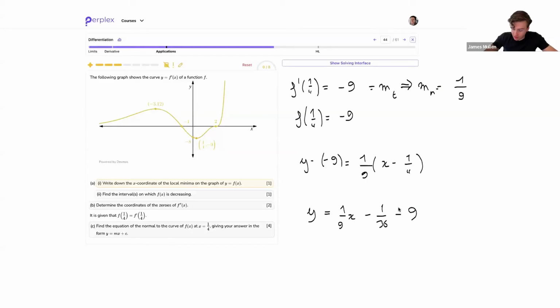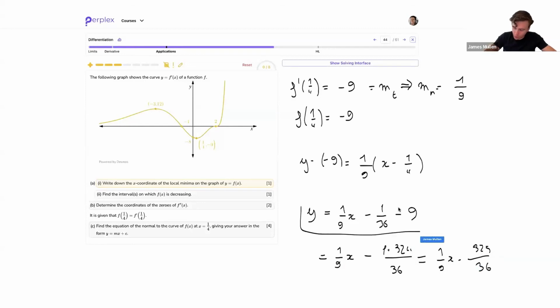And over 36, that is going to give me 360 minus 36 is 324. So I have 1 over 9 x minus 1 minus 324 over 36, that's plus actually, minus 325 over 36. And if you'd left it in this form, we would probably also get the points, okay? So don't stress too much about that.